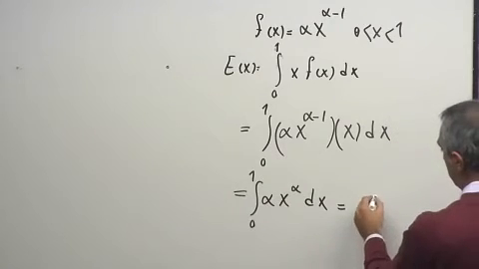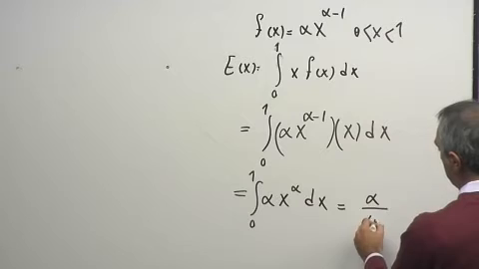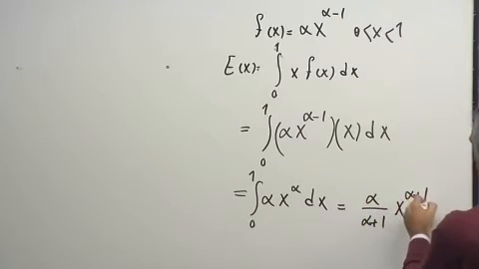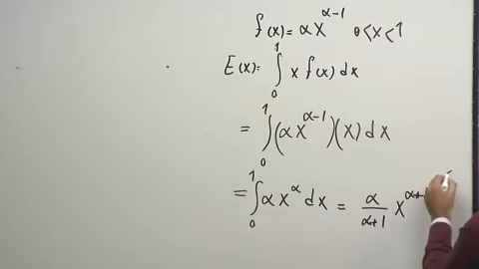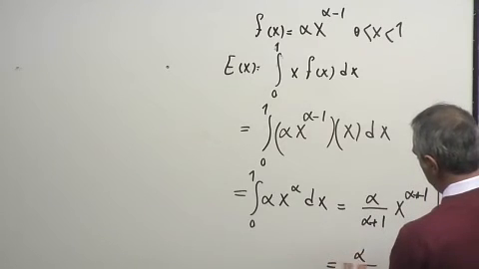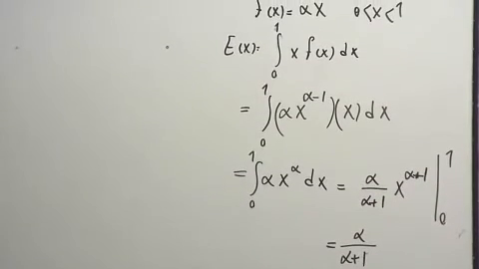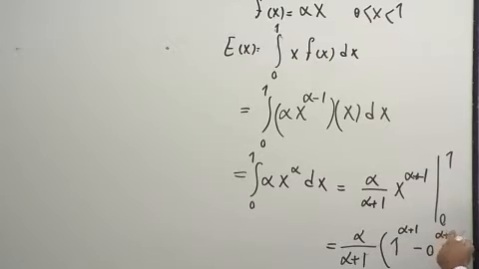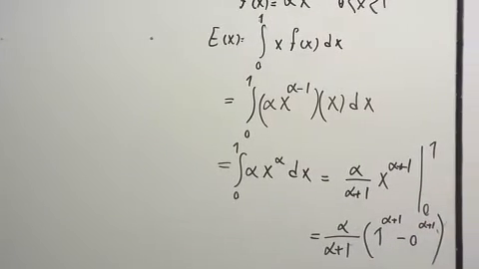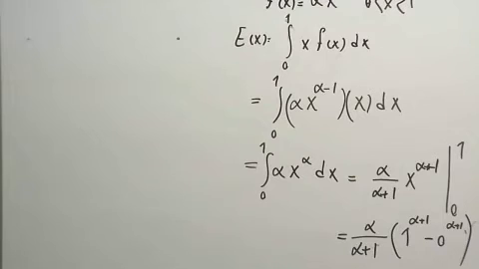And that would be, yeah, I was right. Plus 1 from 0 to 1. And that would be this guy. Okay? Does that make sense? So actually, 1 to the power of alpha plus 1, which is this guy. This is 1. Okay, any questions?